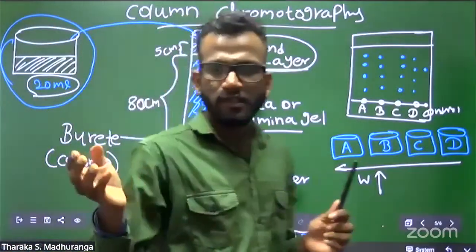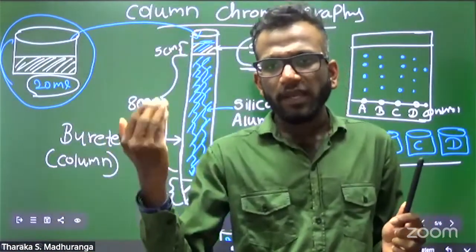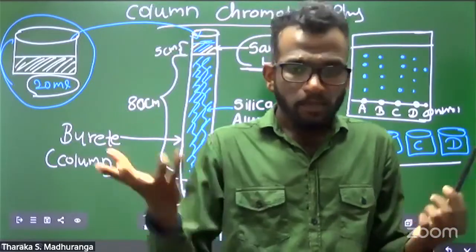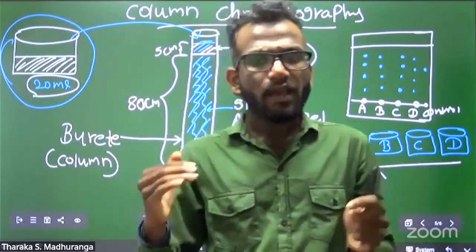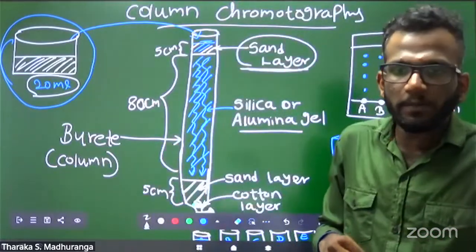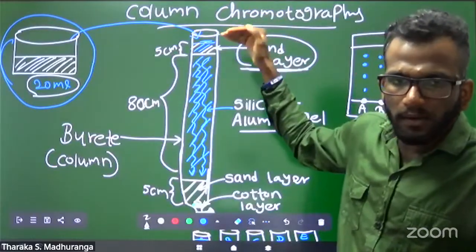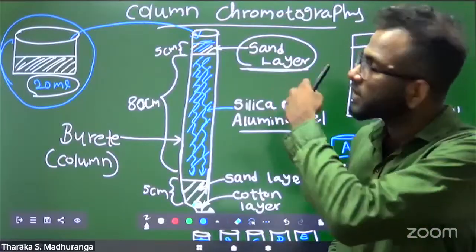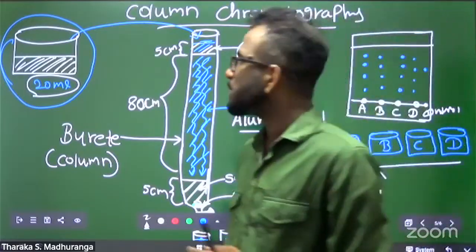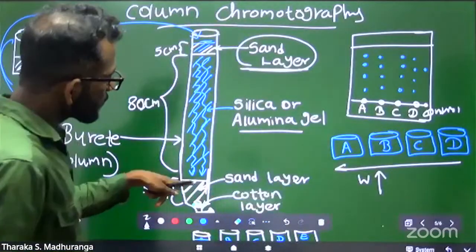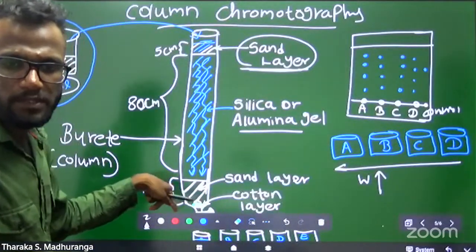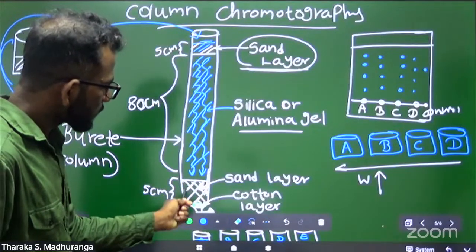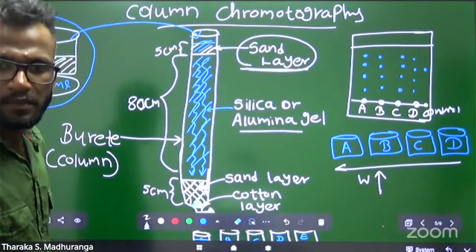To clean, to separate, to drain compounds slowly, to prevent spreading, all are correct, but they are not the main reason. The main purpose is to avoid damage to the silica gel layer. Okay, this bottom sand layer, what's the reason?